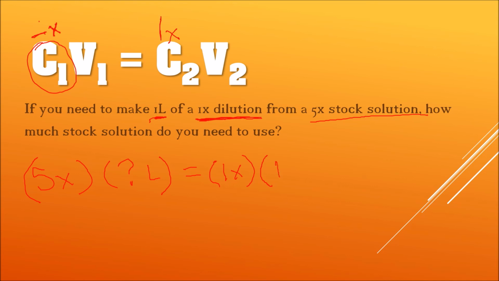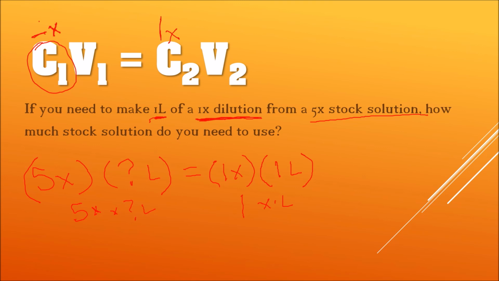We need 1 liter. So let's multiply these together. That's 1X times L, and over here we have 5X times we don't know L.